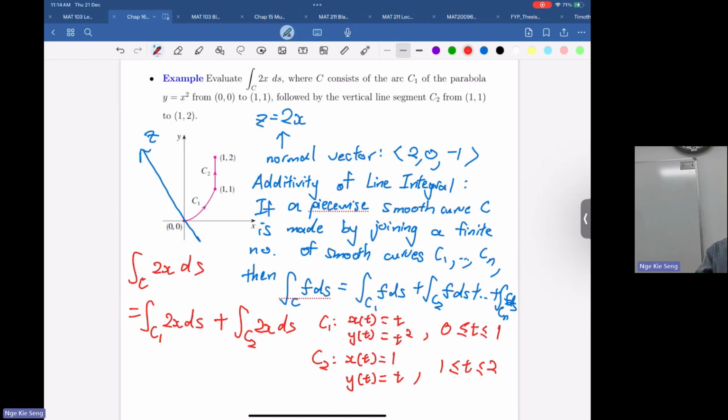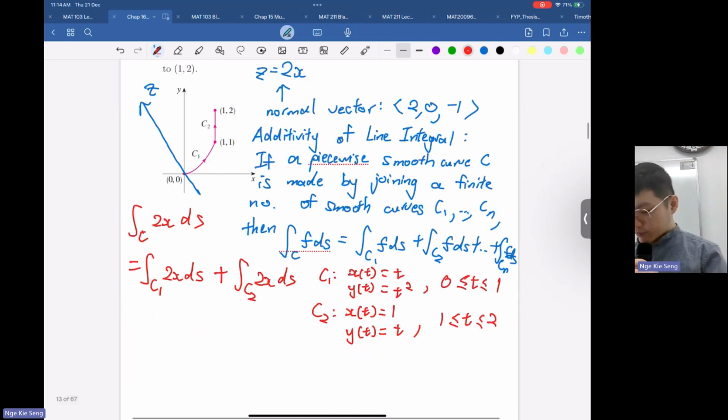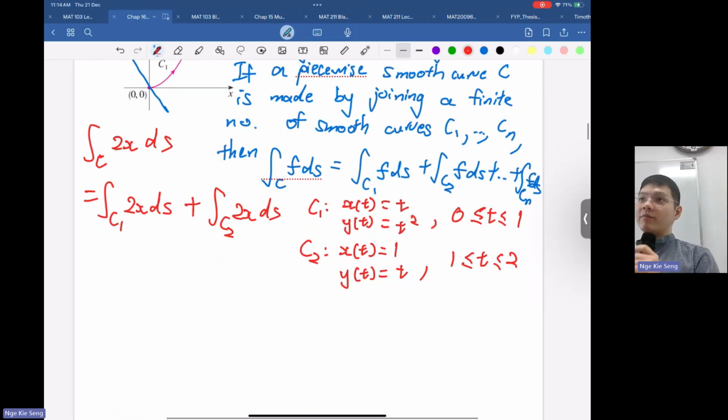Let's go on, not go too deep first. Let's compute this definition, this calculation, and then you can experiment yourself. So let's take this parametric equation and do the computation here. What's the formula? Let's say for C1, we are integrating from 0 to 1, f evaluated at x(t), y(t). Here x is t, so it becomes 2t.